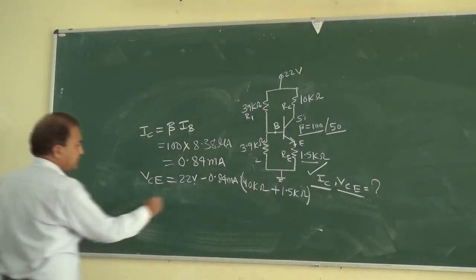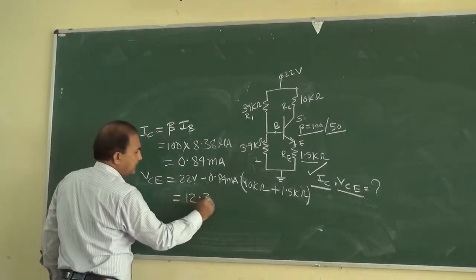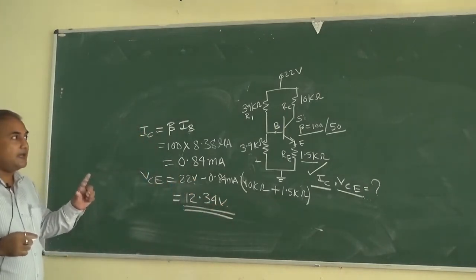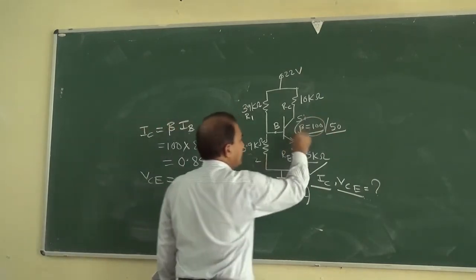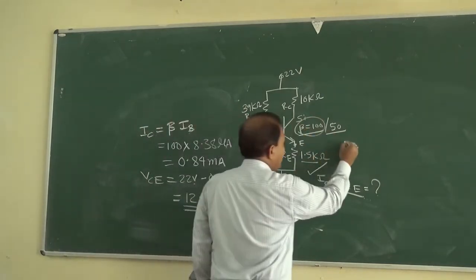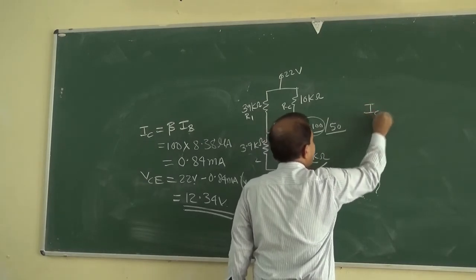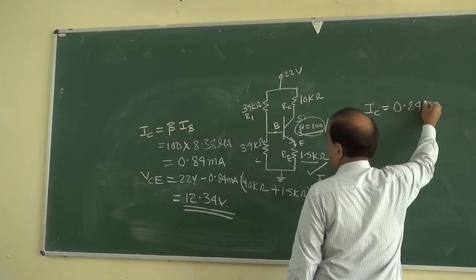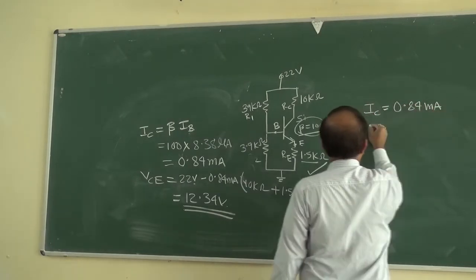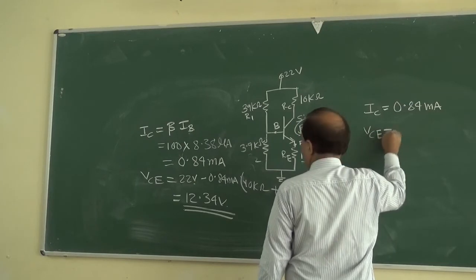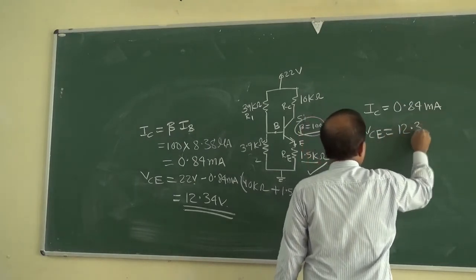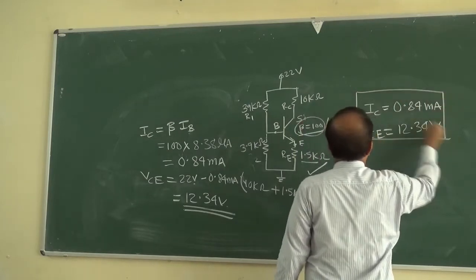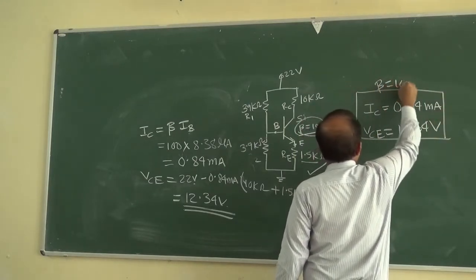So it is equal to 12.34 volt. So if beta is equal to 100, the value of IC is 0.84 milliampere, and VCE is 12.34 volt. This is when beta is equal to 100.